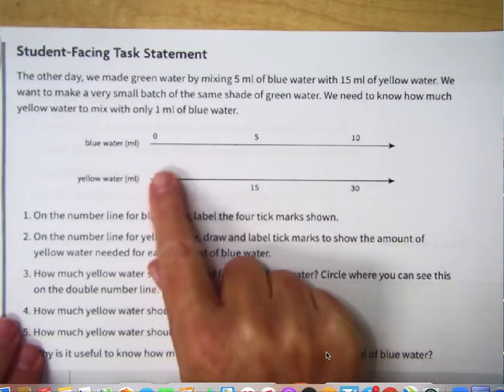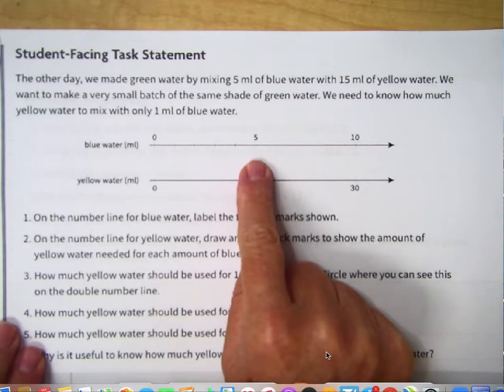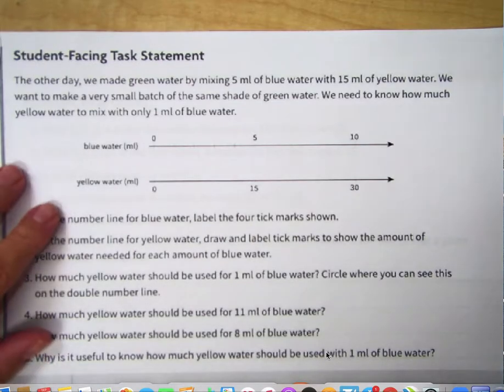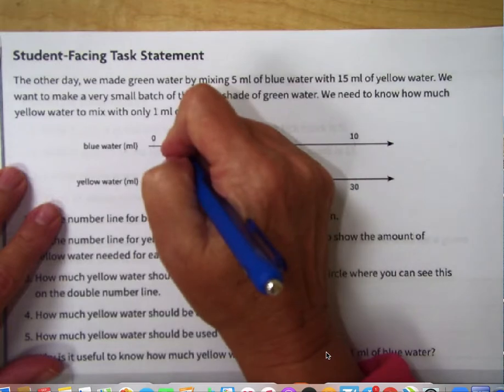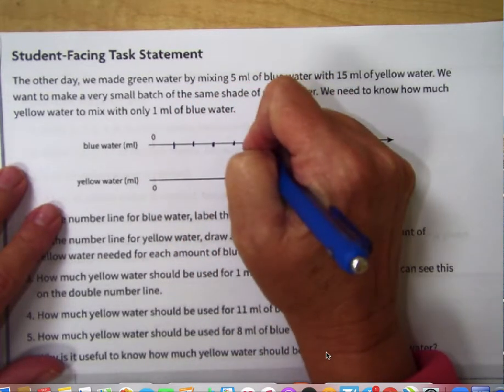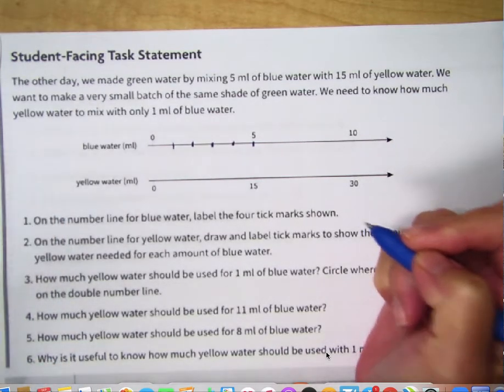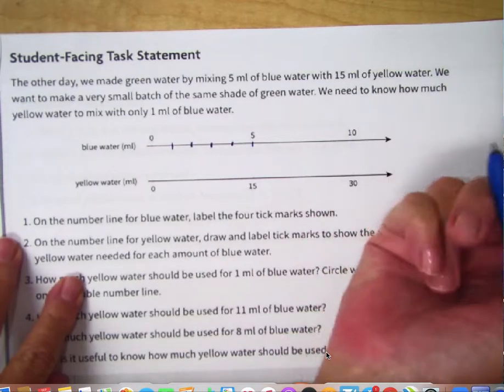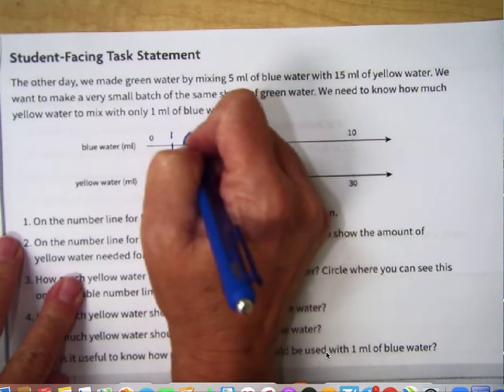Well, if you've got 4 tick marks between 0 and 5, what are you increasing by? Let me point it out to you a little bit. 1, 2, 3, 4, 5. If I've got 5 tick marks and I'm getting up to 5, won't each one of these be 1?